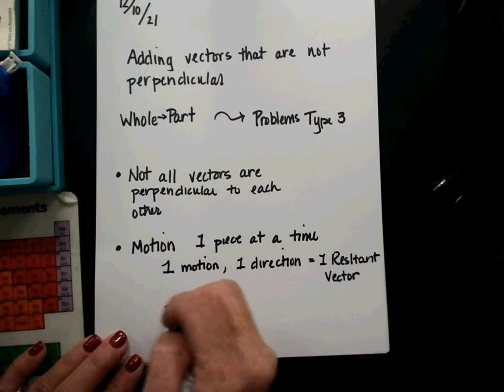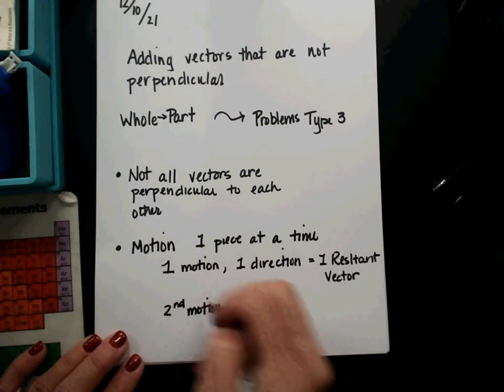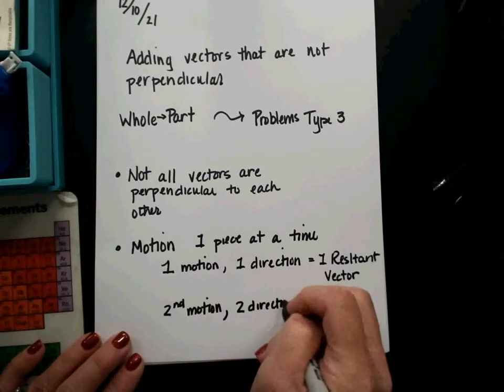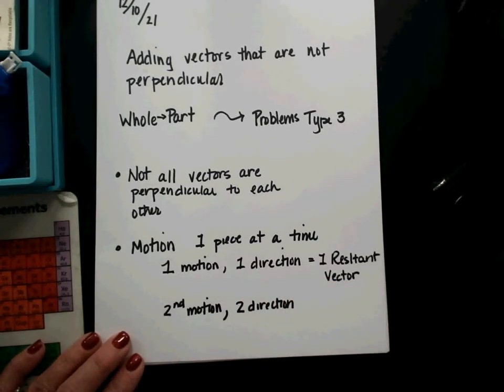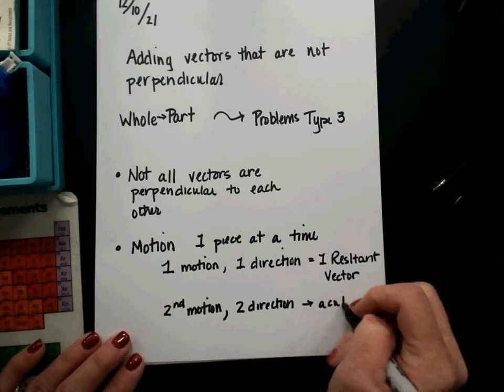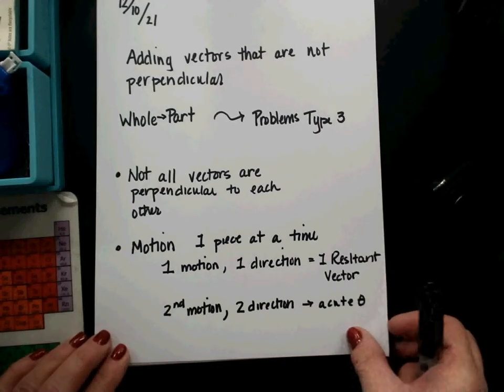We're going to have a second, or maybe a third, or maybe a fourth, it depends on how big the problem is, a second motion with a second direction that's not at a 90-degree angle, but perhaps is at an acute angle. And you have to know how to deal with that. We can simplify it, and it's not that hard to do, but you just need to know how to deal with it.